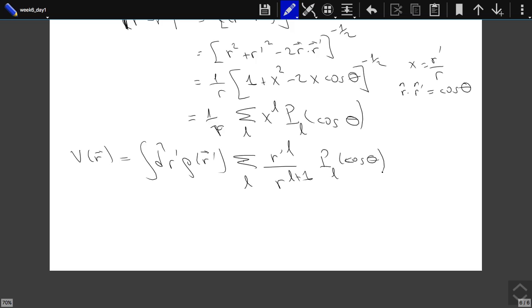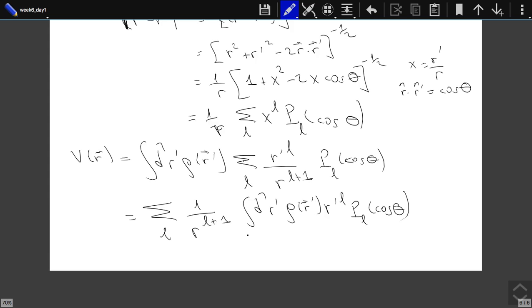That's what this integral is about, but we are not integrating over r. So I can just take it out. So this will be equal to the sum over L of 1 over r to the L plus 1, times the integral of d cubed r prime, rho of r prime, r prime to the power L multiplied by this Legendre polynomial. This integral over there is basically what we call a multipole, the Lth multipole of this charge distribution. So you see that the potential will be just a Taylor expansion in 1 over r.